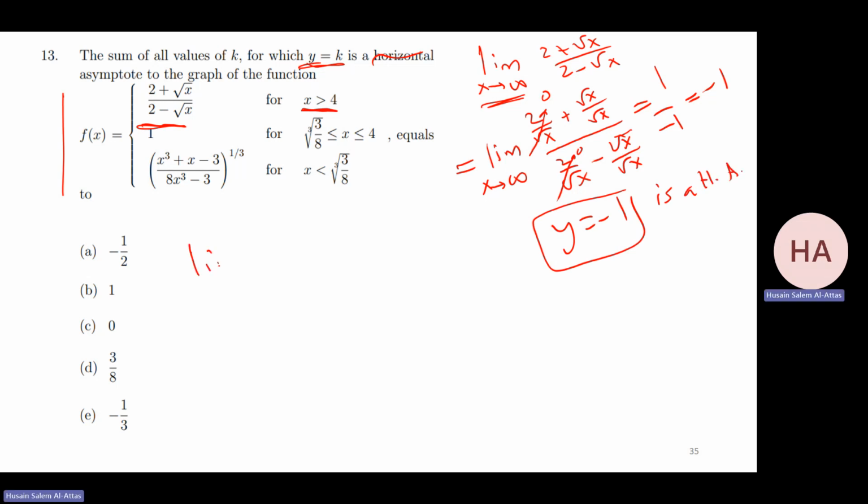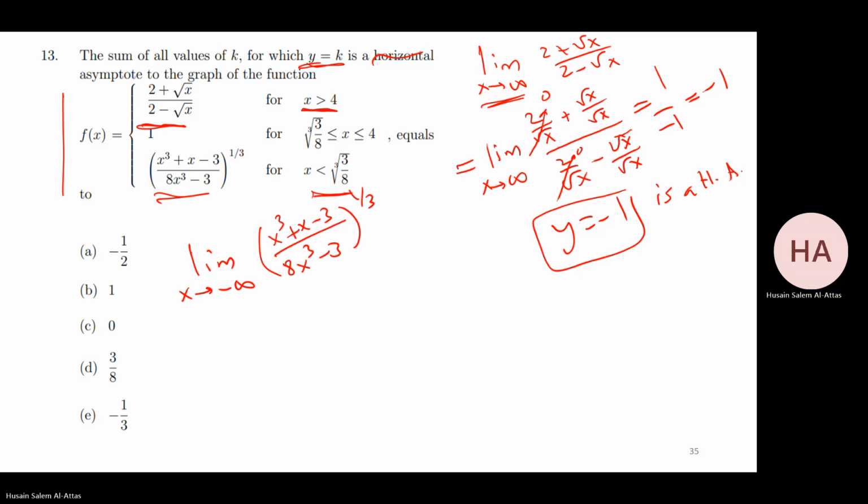Now we'll do the same as x goes to minus infinity. Be careful. Minus infinity, I'm here. So this will be my function: x cubed plus x minus 3 over 8x cubed minus 3, to the power 1 over 3. The function x to the power 1 over 3 is a continuous function, so I can take the limit inside.